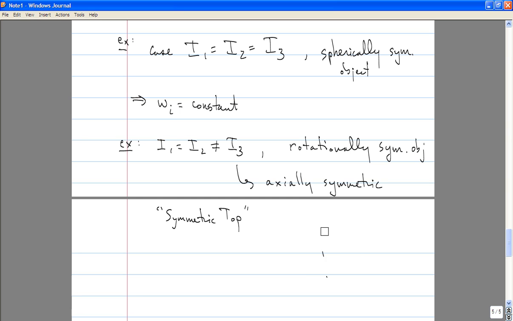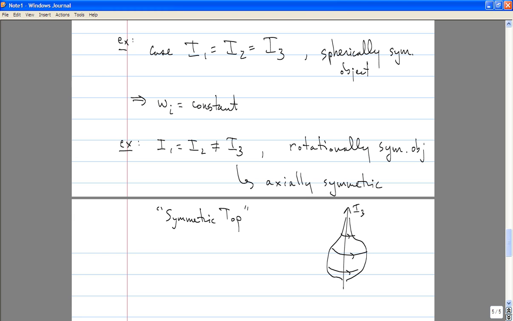Okay, we have some symmetry axis, and we have, say, a sort of turnip-looking shape there, for example, where we form this shape by revolving around some axis of symmetry. Then here, the z direction, or the 3 direction, will point along the axis of symmetry, and the I1 and I2 principal moments of inertia are the moments of inertia along the plane transverse to the axis of symmetry.